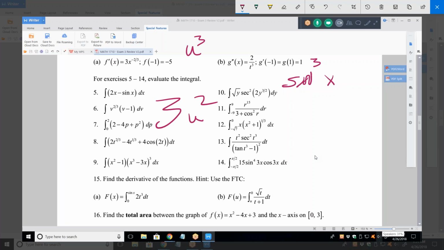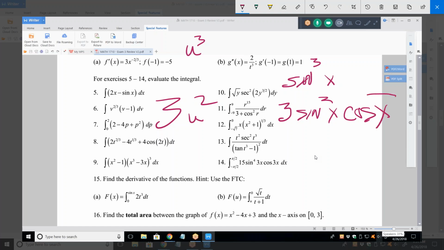Well, u is sine x, so if you're differentiating that, it's 3 sine squared of x, but I have to apply the chain rule. What's the derivative of the u? Cosine x.